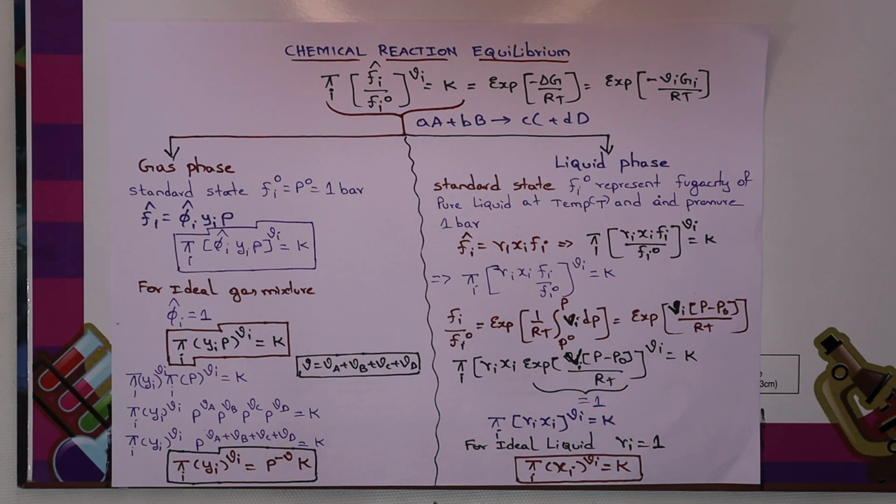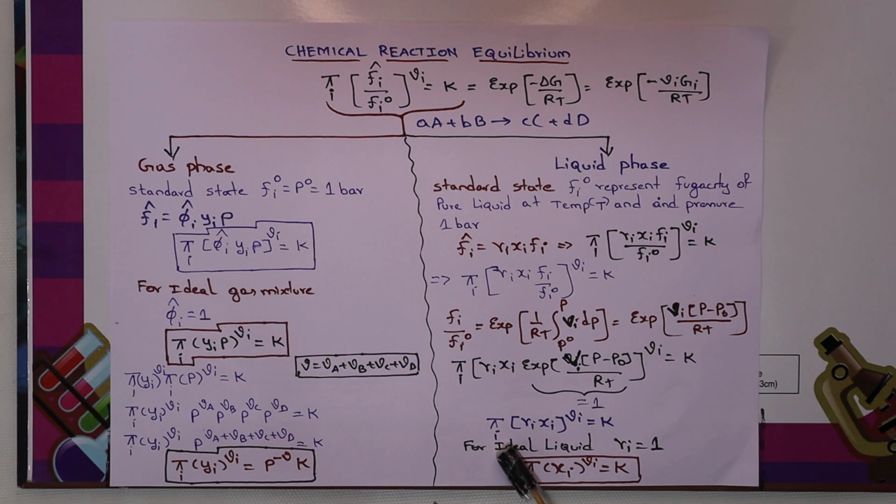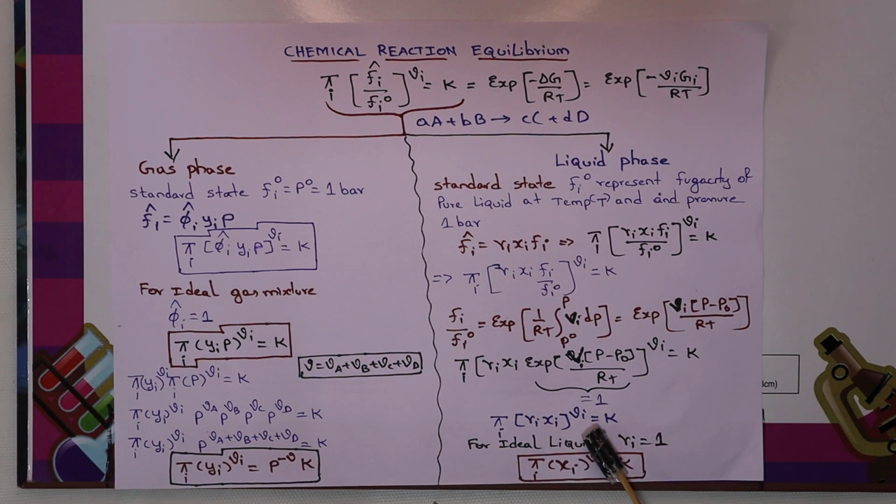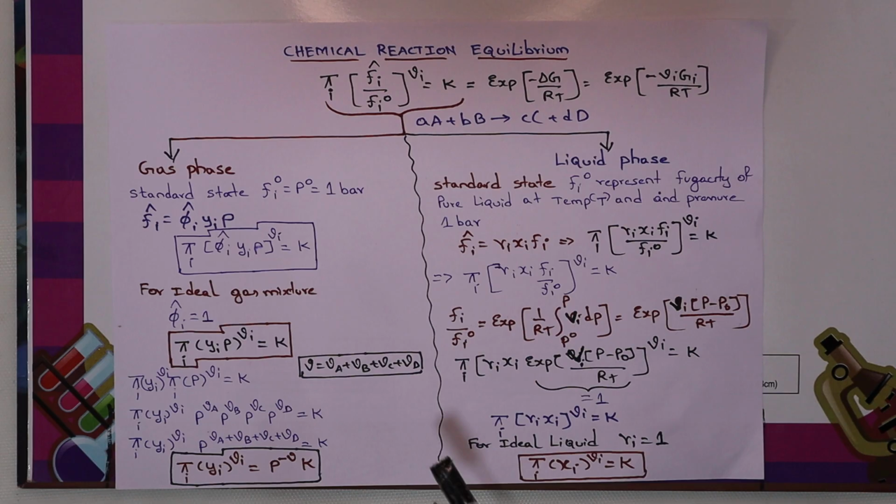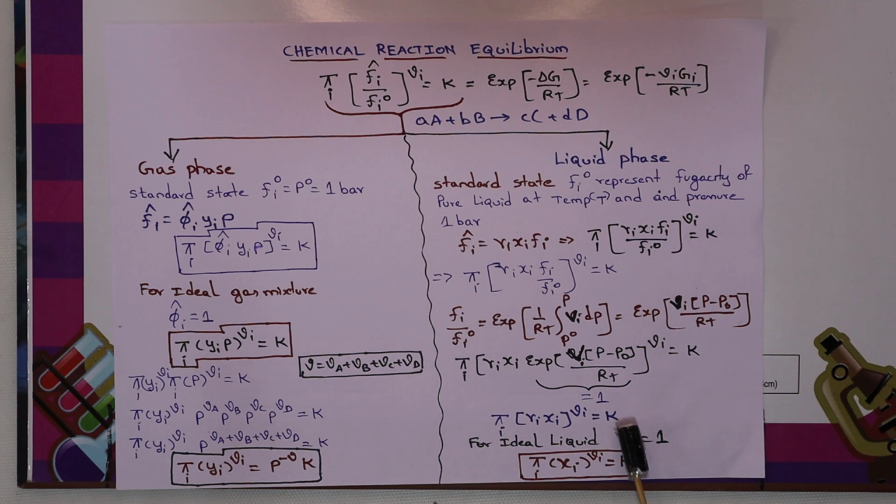So, we are neglecting it. So, the final equation is product of gamma_i x_i to the power v_i equals K. That means you have to use this particular expression for non-ideal liquids. If the liquid is behaving ideally, the activity coefficient value is equal to 1, then the final expression is product of x_i to the power v_i equals K. This is the equation you are supposed to use for ideal liquids.